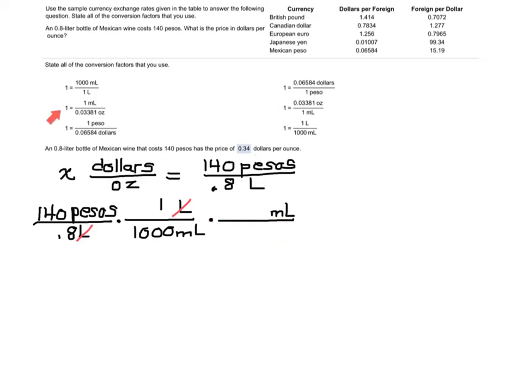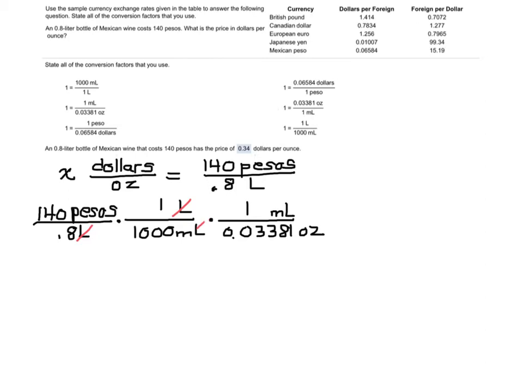Right here. Milliliters are in the numerator, ounces are in the denominator. So I want that. So 1 milliliter is equal to 0.03381 ounces.